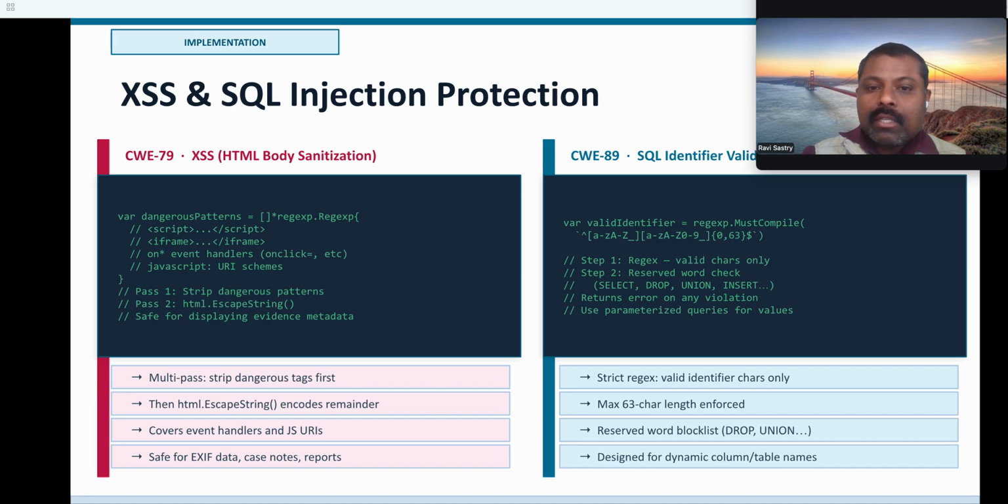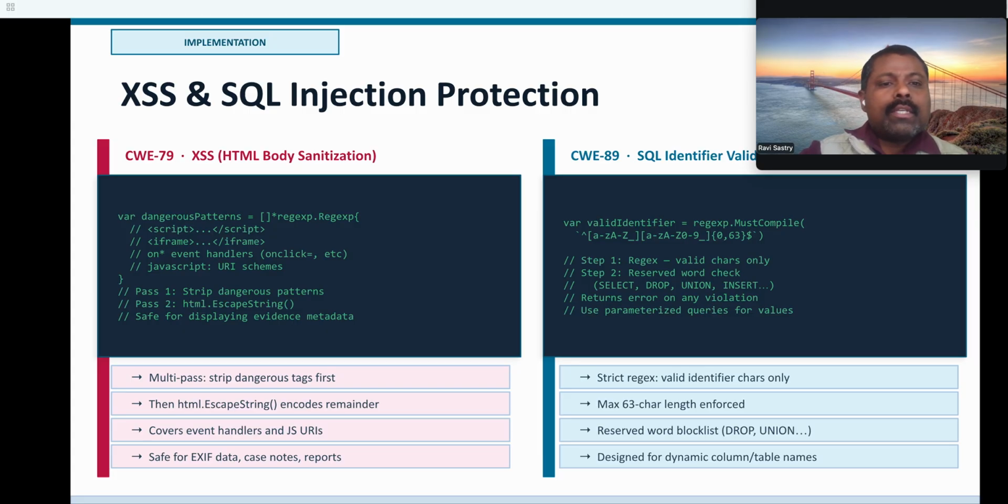For SQL injection, the focus is on identifier validation. It is essentially used when forensic case management systems need to build dynamic queries with column or table names that cannot use parameterized queries. The approach is strict regex validation. Identifiers must start with a letter or underscore, contain only alphanumerics or underscores, and should not be longer than a predefined 63 characters.